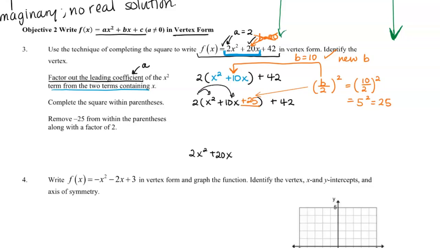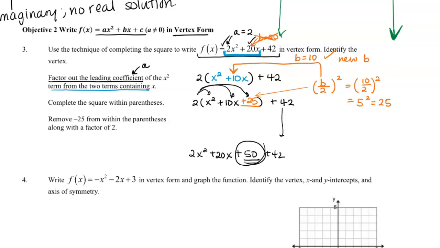Distribute the 2 to the 25, and I see a plus 50, which is not in there originally. Then I'll just bring down this plus 42. The only thing that's problematic is the plus 50. We changed that when we added the 25 on the inside of the parentheses.